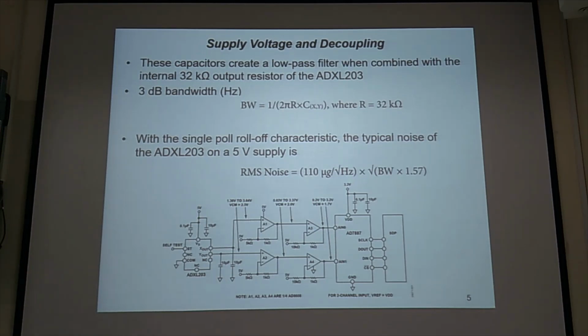Again, why do I divide by 2 pi? Because we want frequency.